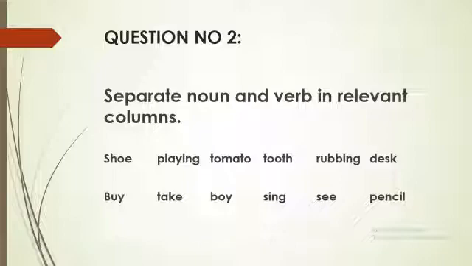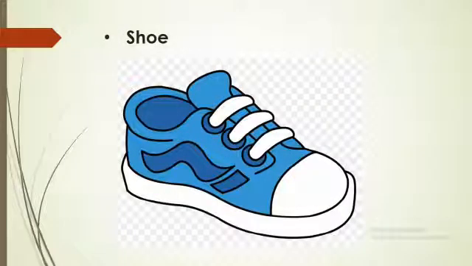First of all, I will show you some pictures to clarify the meaning of the word, so it would become easy for you to understand whether it is a noun or a verb. Look, our first word is a shoe. What is this? It is a shoe.